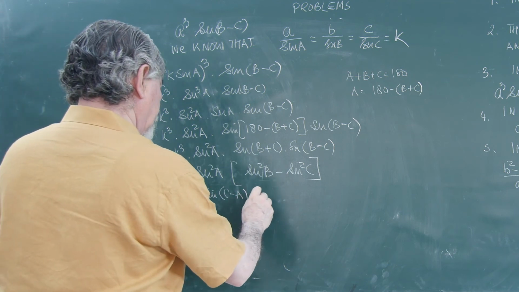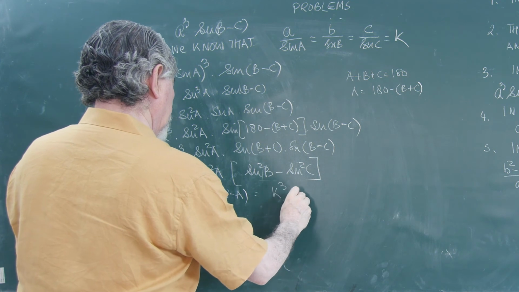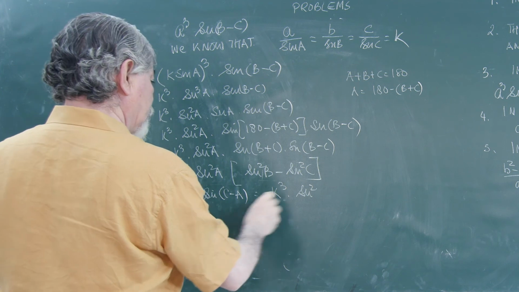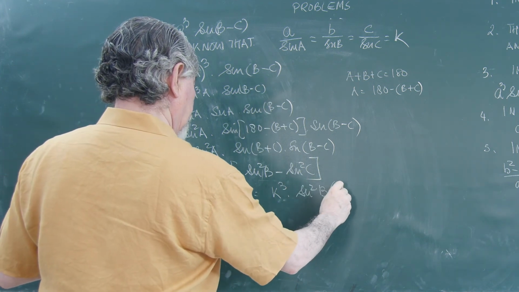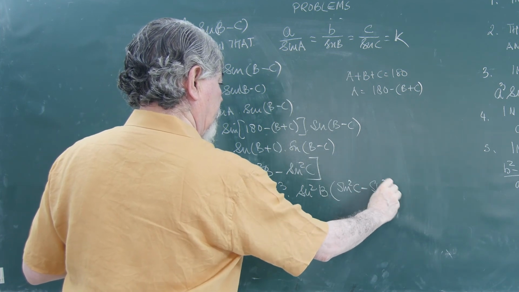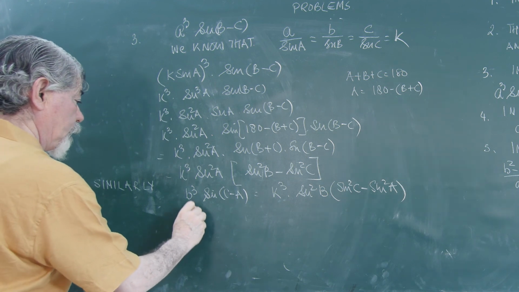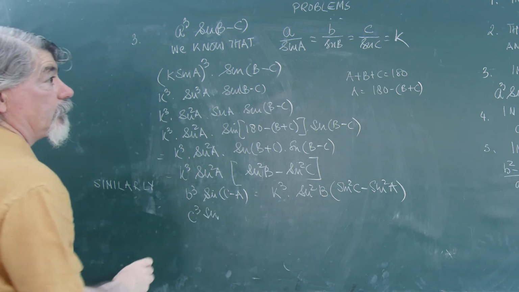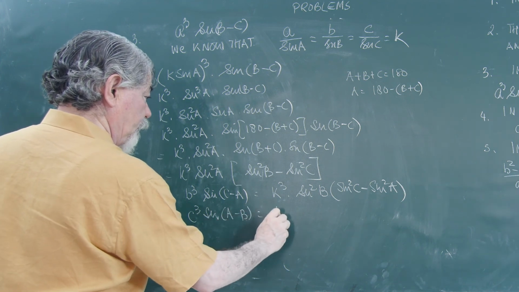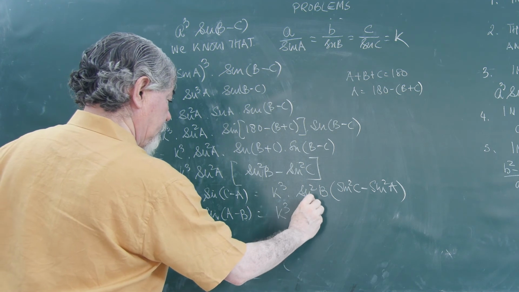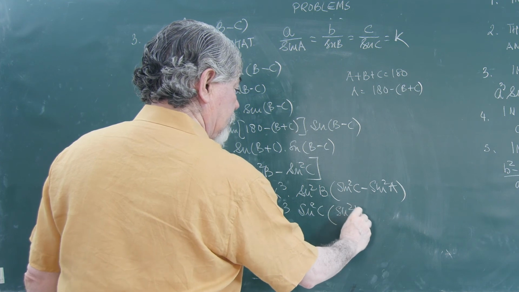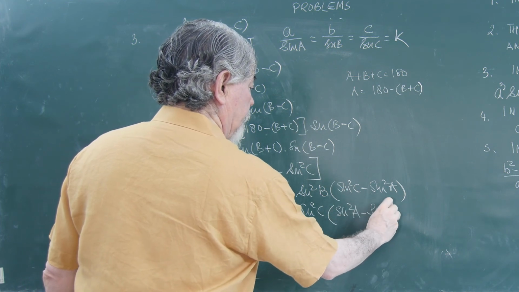So it will become k cube sine square B, and sine square C minus sine square A. And c cube sine (A minus B) will become k cube sine square C, and it will become what? Sine square A minus sine square B.